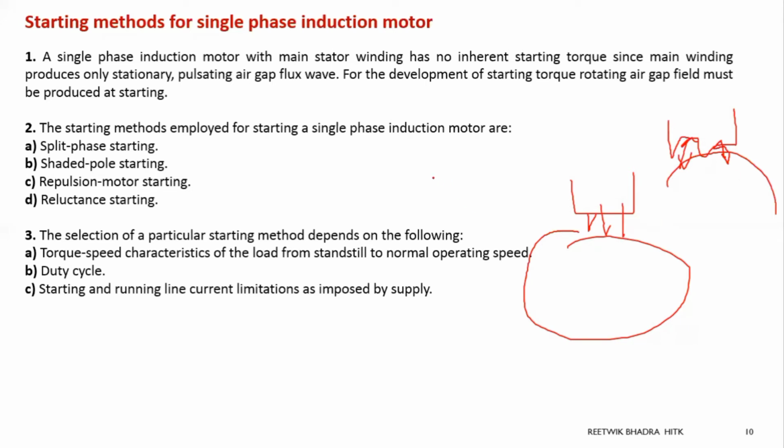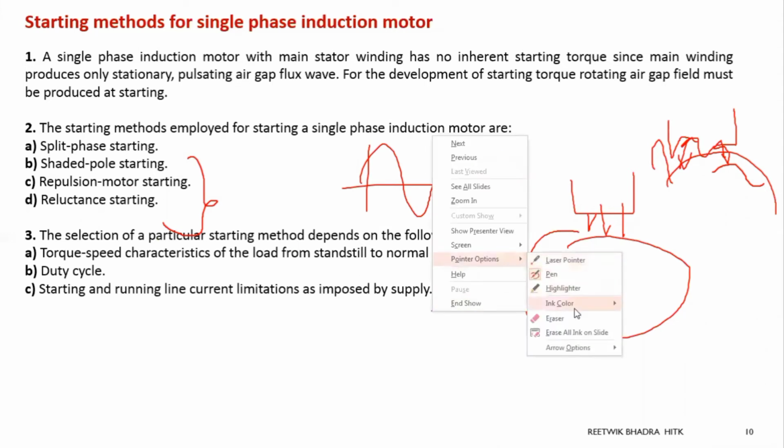If there is a change in distribution of MMF, then automatically from sinusoidal it will change. It will be high over here, maybe low over here. So automatically the distribution of MMF or field will change. That is applied under shaded pole starting, reluctance motor starting, and repulsion motor starting.